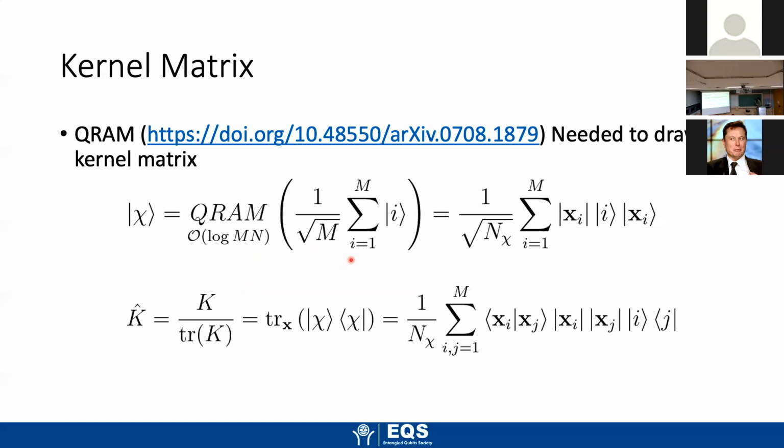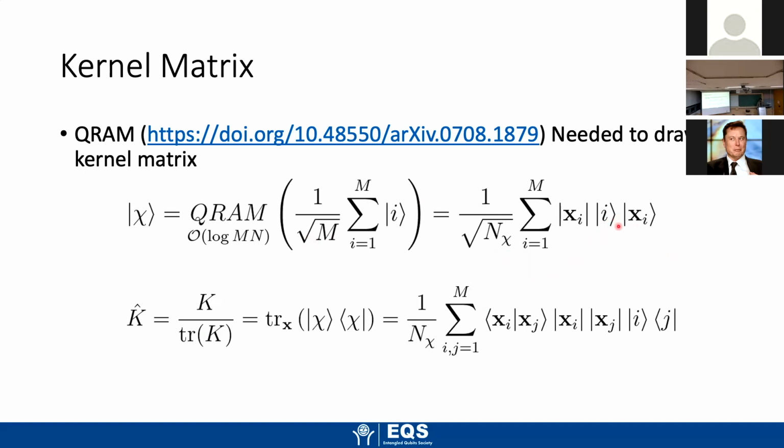So for example, if you want to get the i-th data, we input i and we get the data, and we can input a superposed index, and we get the superposed output. Yeah, basically that. So we input all indices in a uniformly superposed state, then we get this output.